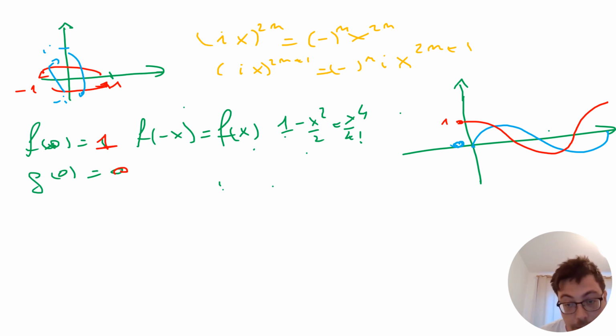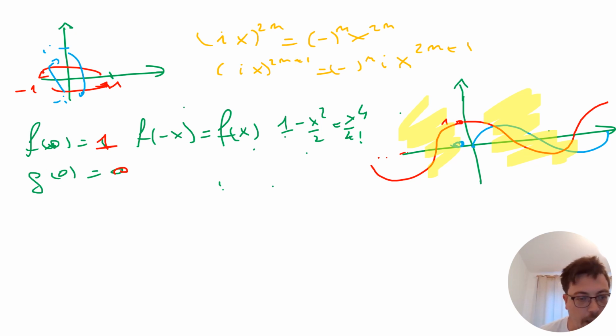By the way, it's also true for the cosine, which is an even function, which means that whatever is in this half is exactly the same as this half.